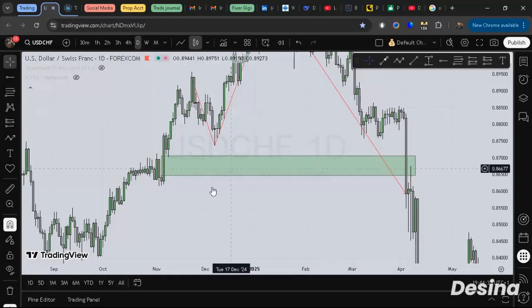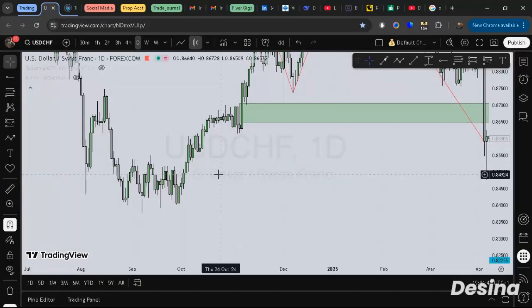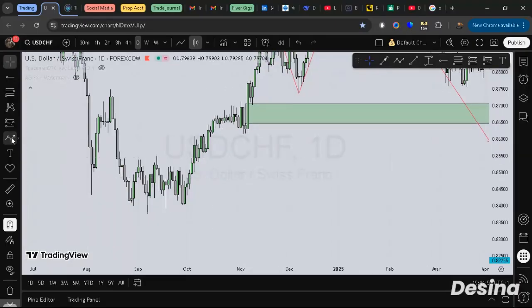Let me look for another example of consolidation. Can you see this little move here? This is an example of consolidation, because price was just in a range. Whenever we have consolidation, it means price is building up for something. This is another example. Can you see after the consolidation, there was a break above?